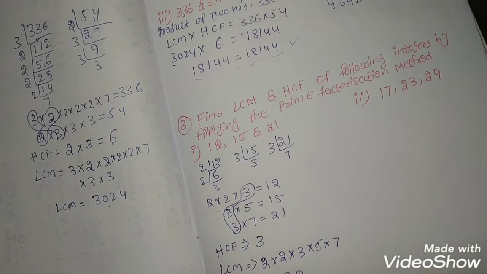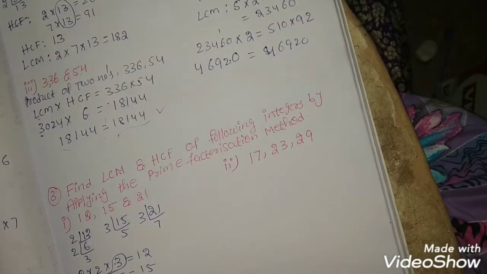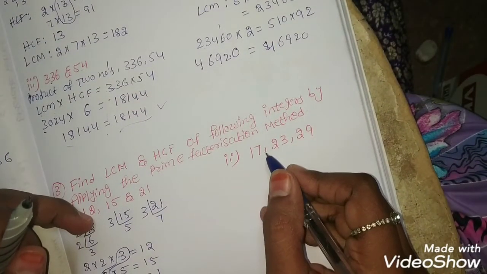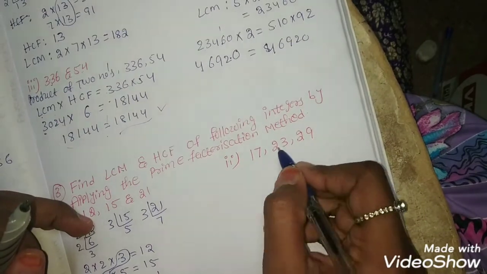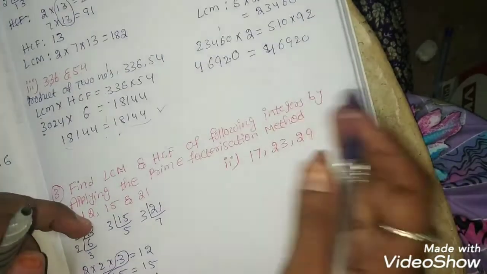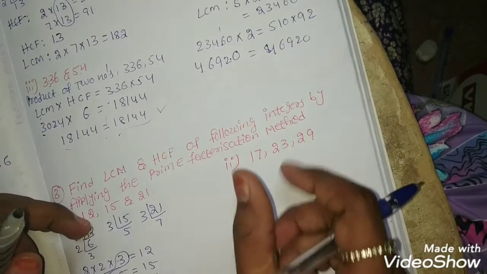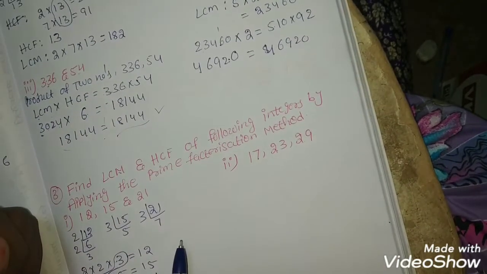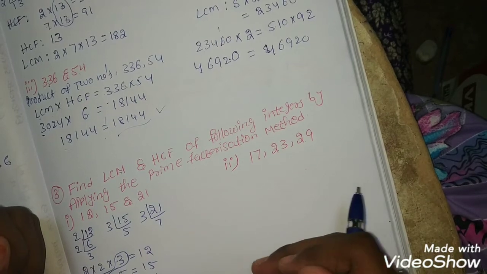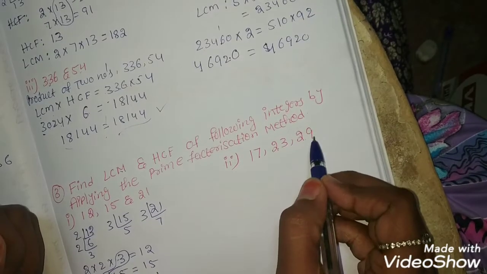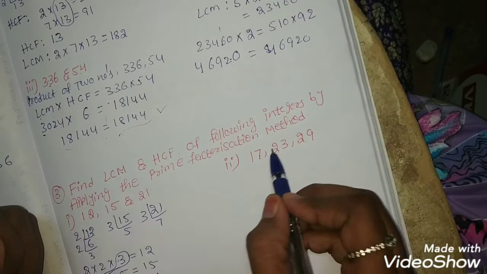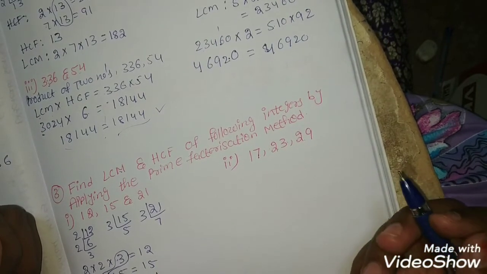Okay, and coming to the next question, 17, 23, 29. See here, 17, 23, 29, these are all prime numbers, right? If they are prime numbers, our HCF is always 1. What about LCM? If they are prime numbers, our LCM is the product of these numbers. Are you getting my words?